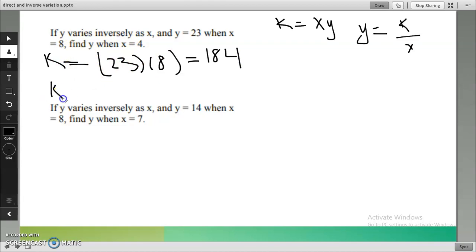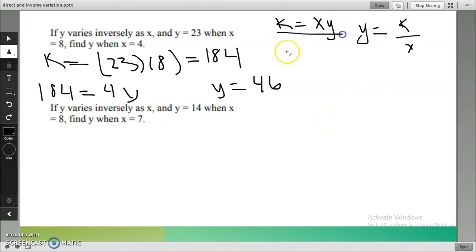So k, oops, not k, because I know what k is, so I can plug that in. So 184, which is my k, is equal to 4y, because the 4 goes in for x. Divide both sides by 4, and I get y is equal to 46. Could have used this formula also, but I'm sticking with this one.